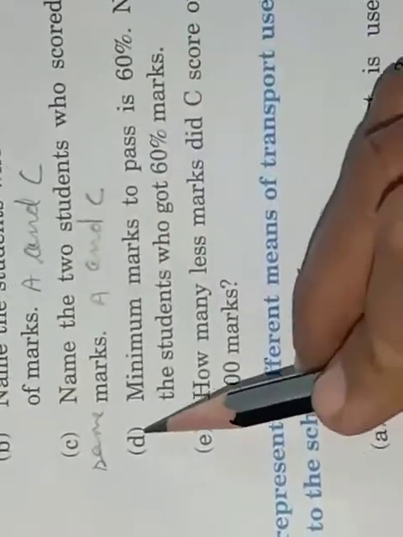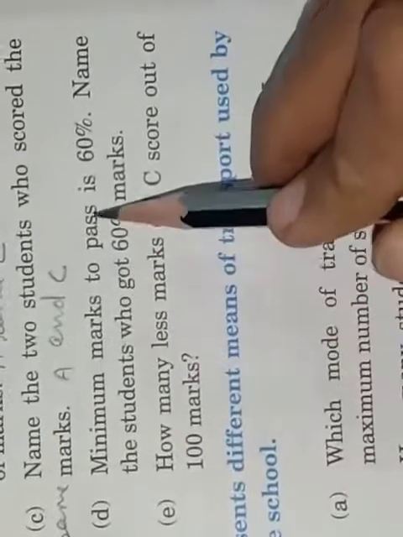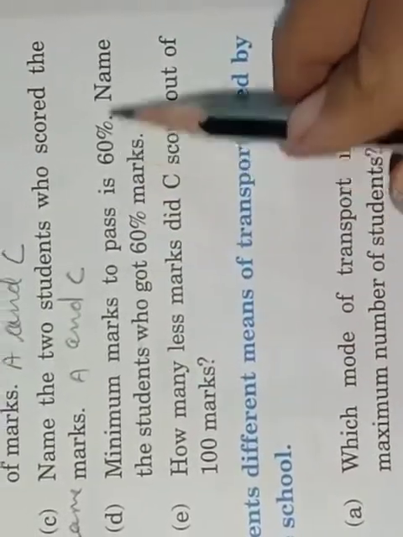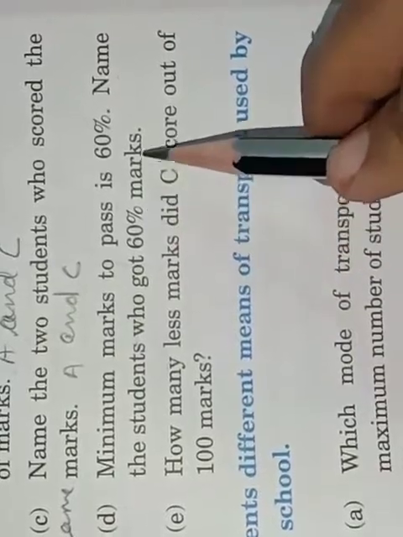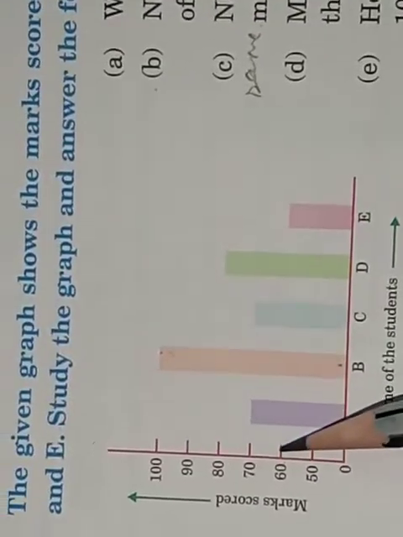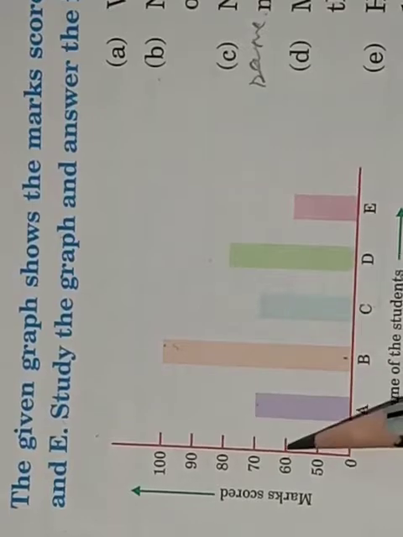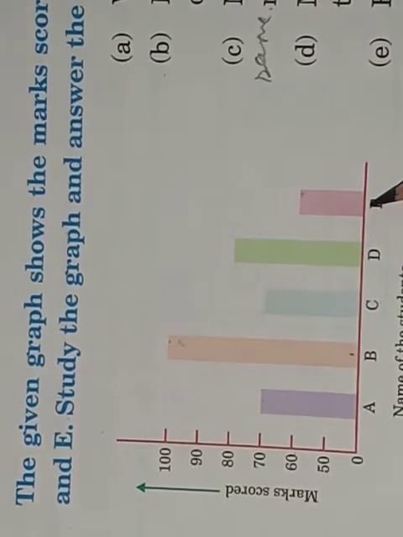Now, question number D. The minimum marks to pass is 60%. Name the students who got 60% marks. Now, look at the bar graph. Here is 60% marks and we have to see which matches this 60% marks, that is student E. Okay. So, the answer will be E.